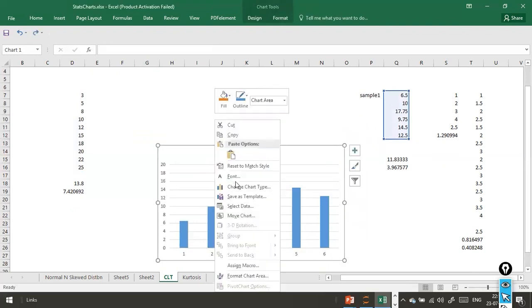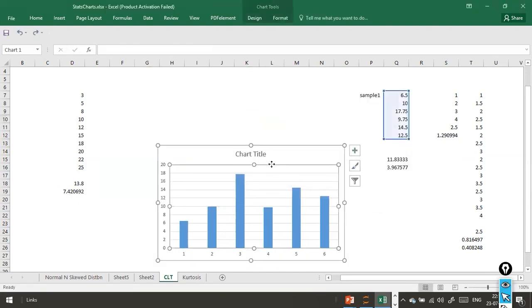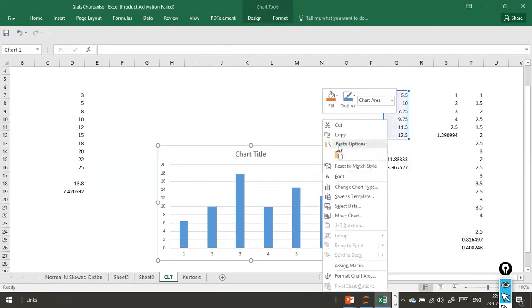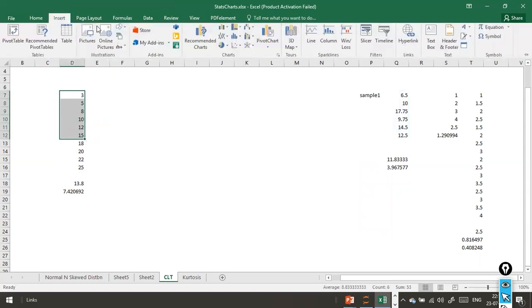One second. Let me select the data. When I selected this, it was not a normal distribution. Let's assume that this is my population, and in this case, I'm going to take some more data.